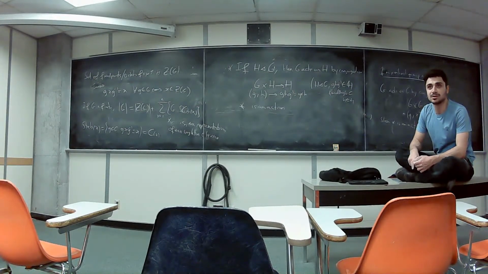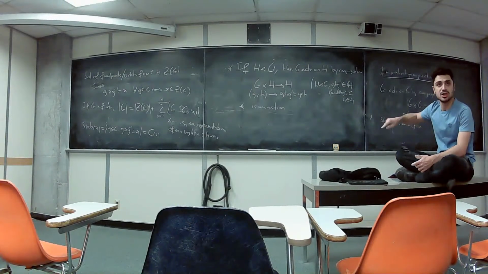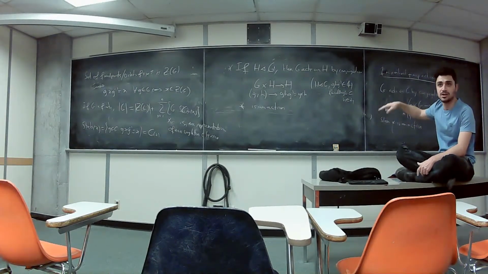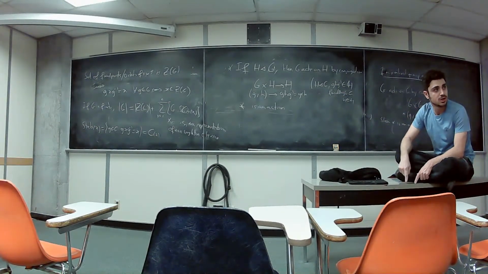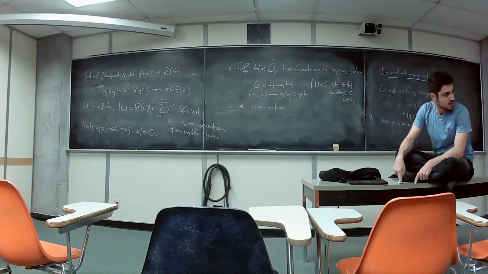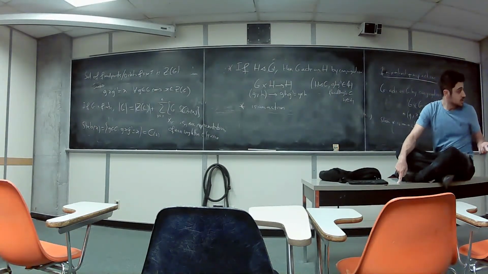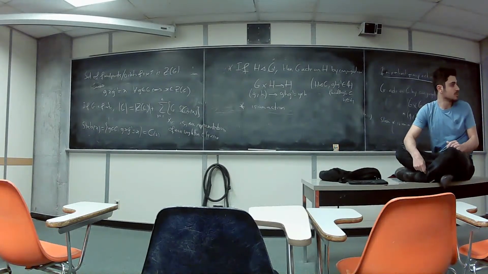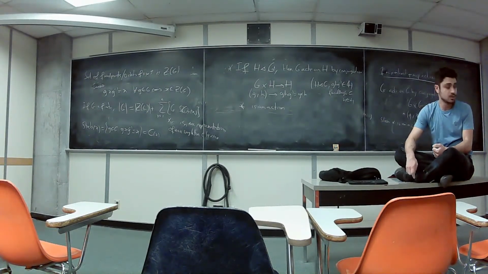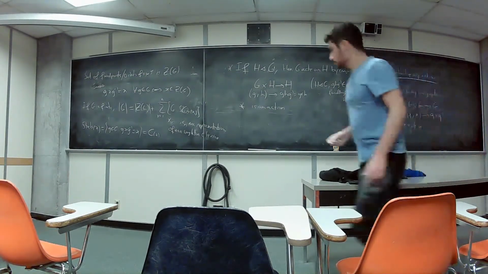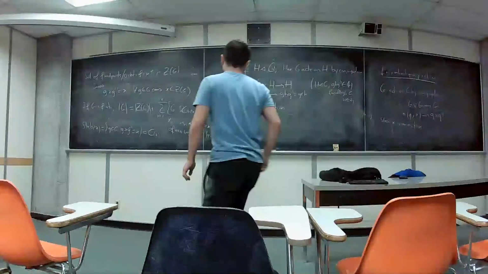Write down the set of fixed points. h is fixed if and only if g h g inverse is equal to h for all g in G, if and only if g h is equal to h g for all g in G, if and only if h belongs to Z(G), right? So what is the set of fixed points? It's H intersection Z(G), right? Okay, these are very important.